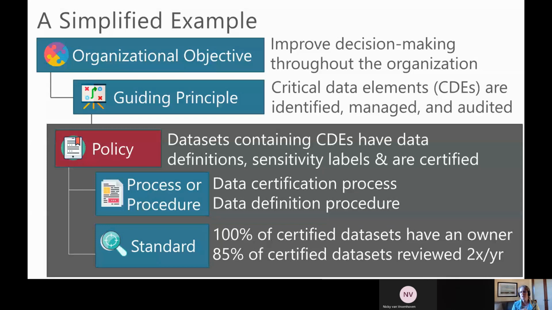But maybe all of our certified data sets need to have an owner assigned, and 85% of them should be re-reviewed twice a year. What I mean by that is, maybe we did that initial certification approval process at the beginning, but it's undergoing changes over time. And how does that happen? It's probably more lightweight after the first approval process. And so what happens after that point, that kind of thing.